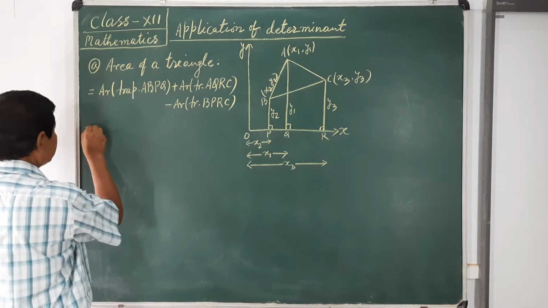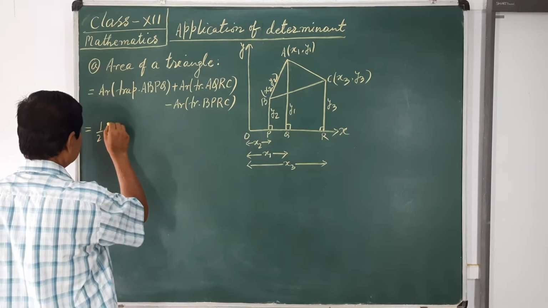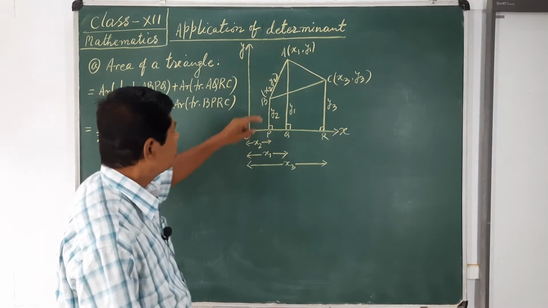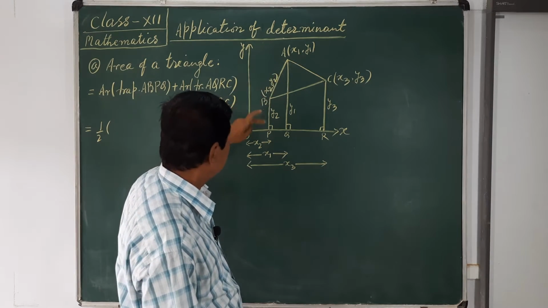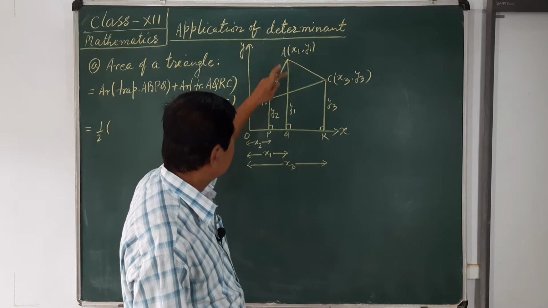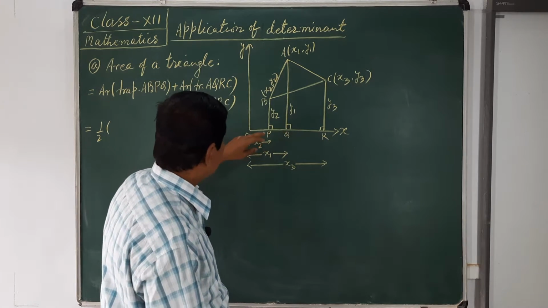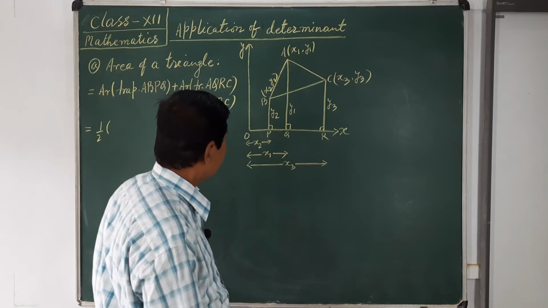Now using the formula, area of trapezium is equal to half into sum of the parallel sides. Let us consider this trapezium ABPQ. These are two parallel lines BP and AQ, and PQ is the perpendicular distance between them.